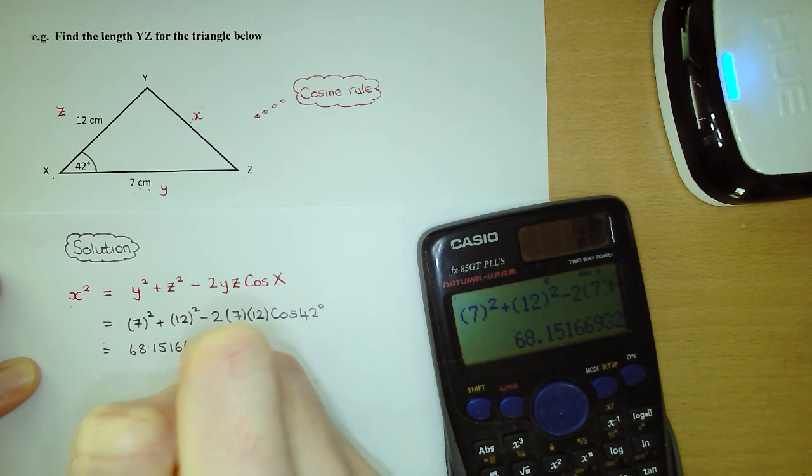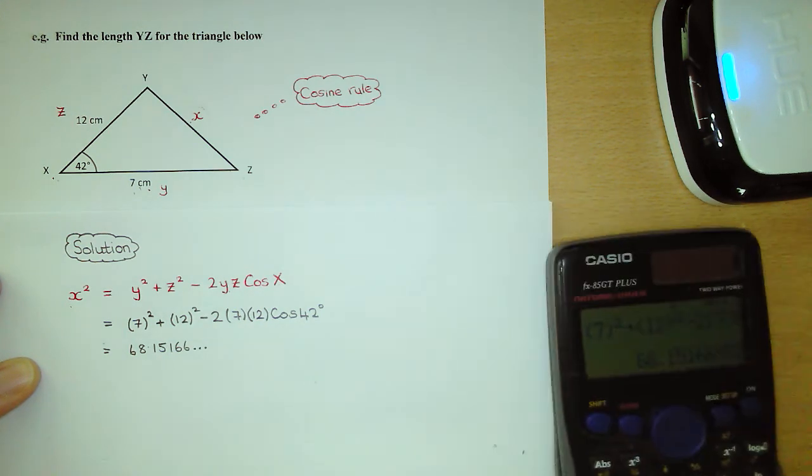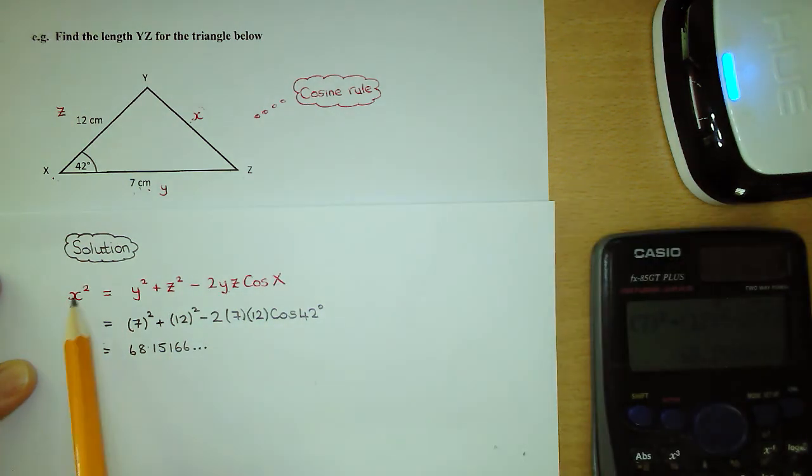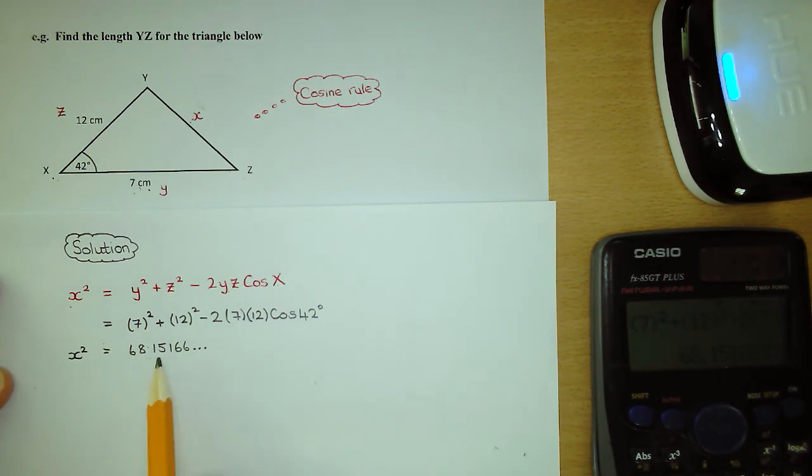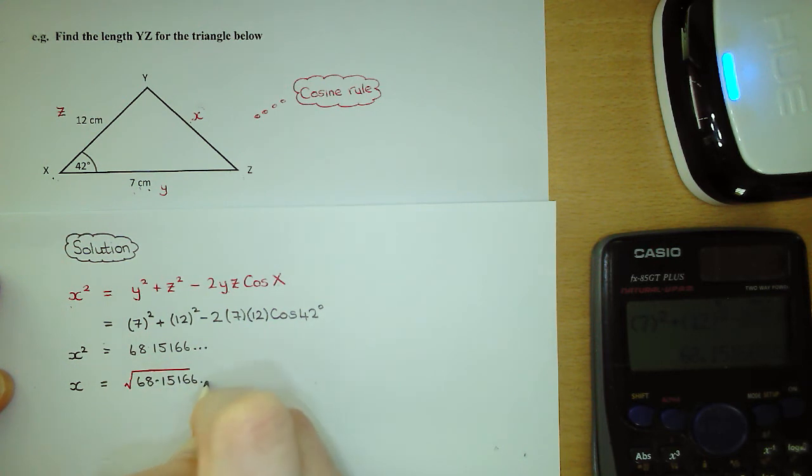Now this is where you need to be extremely careful. We've just worked out what x squared is. We just want to get what x is, so we have to take the positive square root of the other side. So x equals the square root of 68.15166.